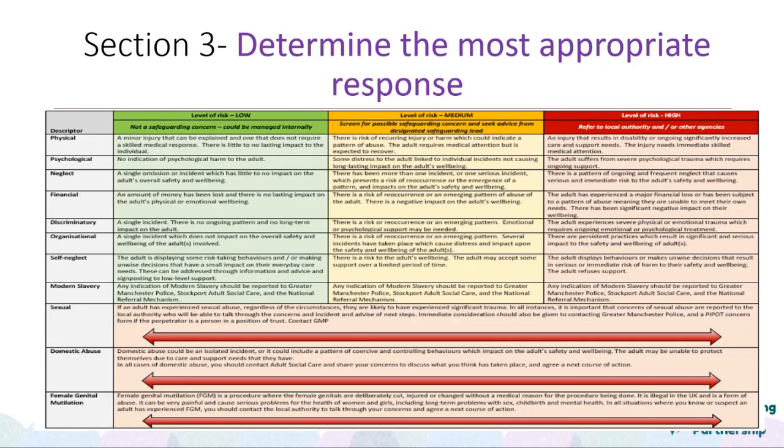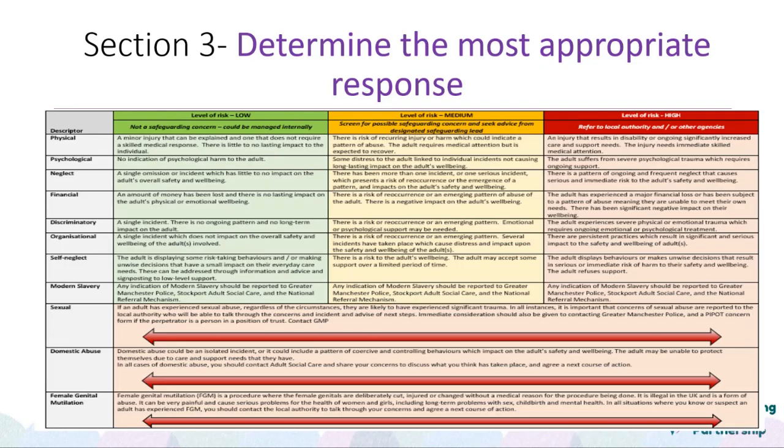And for each of those, there was a green or a low level of risk. In these instances, we would say that is not a safeguarding concern. It can be managed either internally or referred elsewhere. So for example, physical abuse, we might be looking at a minor injury that can be explained and that does not require a skilled medical response. There's little to no lasting impact on that individual.